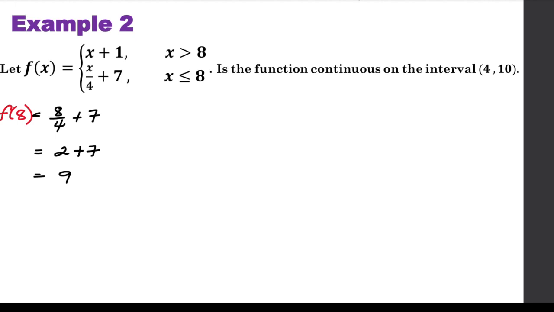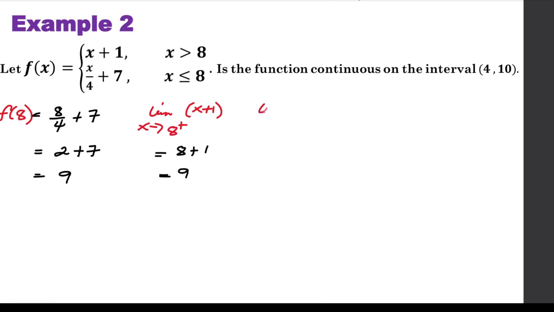So let us try to identify first the limit of the function as x approaches 8 from the right. We're going to use x plus 1 for the right-hand side limit. So we have 8 plus 1, and therefore this is 9.